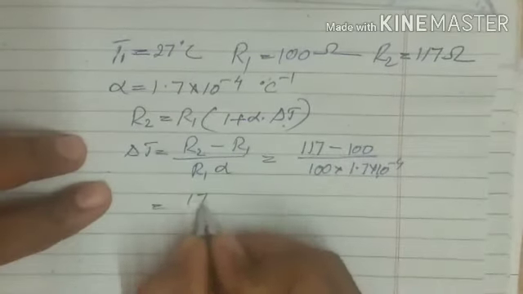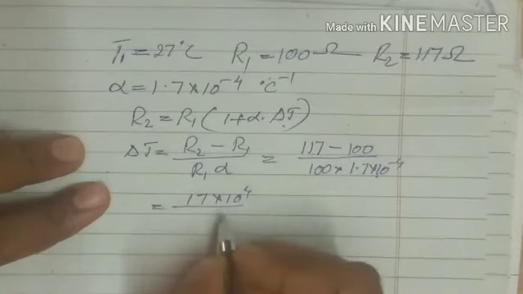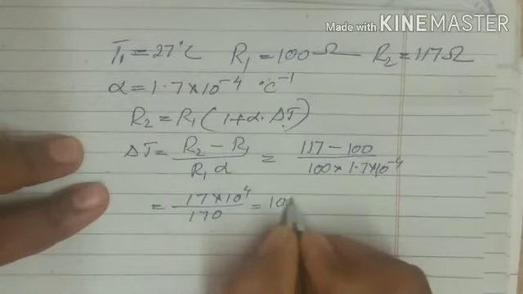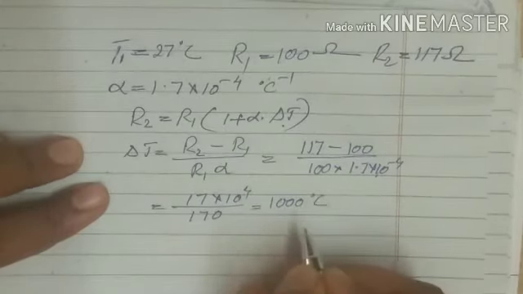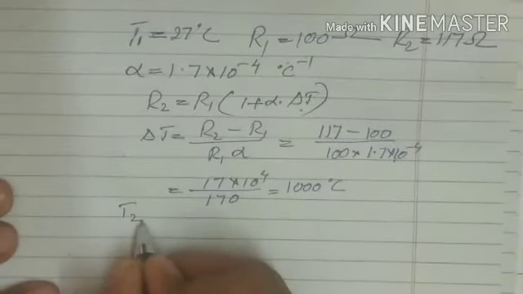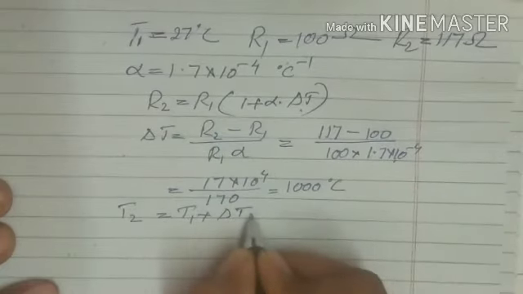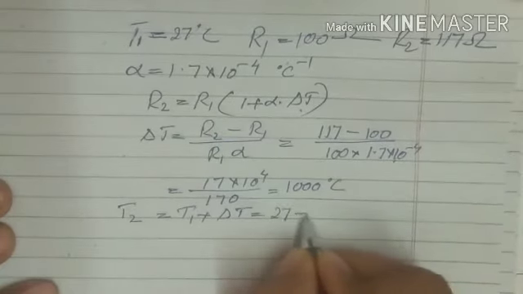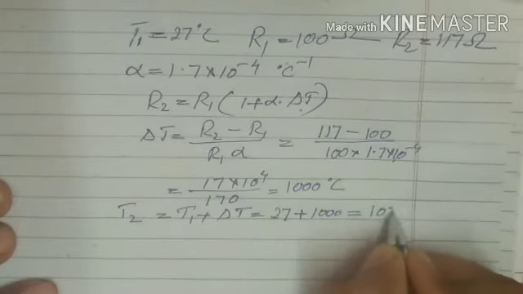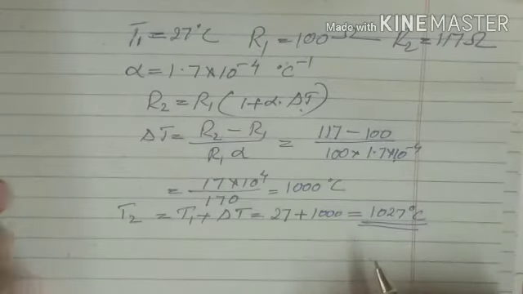That is equal to 17 into 10 raised to 4 by 170, which becomes 1000 degrees Celsius. That is the increase in temperature. So what is T2? T2 is equal to T1 plus the change in temperature. We know T1 is 27 plus this 1000. So the final temperature is 1027 degrees Celsius.